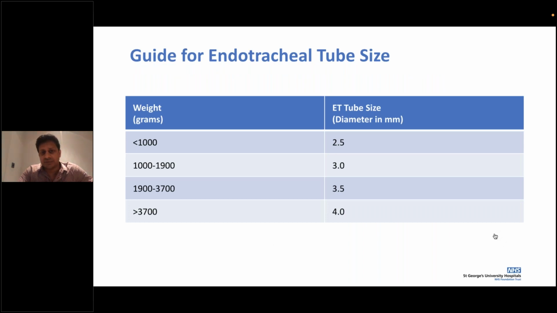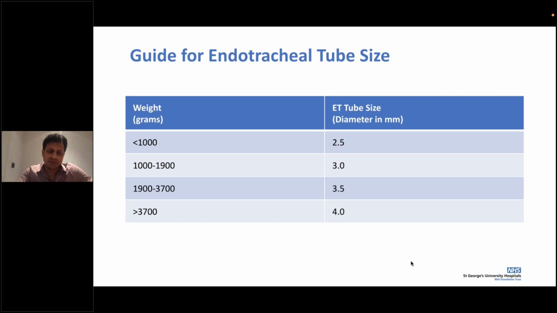Generally, as far as possible, your endotracheal tube size will vary anywhere between 2.5 and 3.5. Although your Neomate app might say use a 4, we tend not to use 4 unless absolutely essential and there is a definite leak on the ventilator, because you're worried about subglottic stenosis and the snug fit of the ET tube, so we try and avoid size 4.